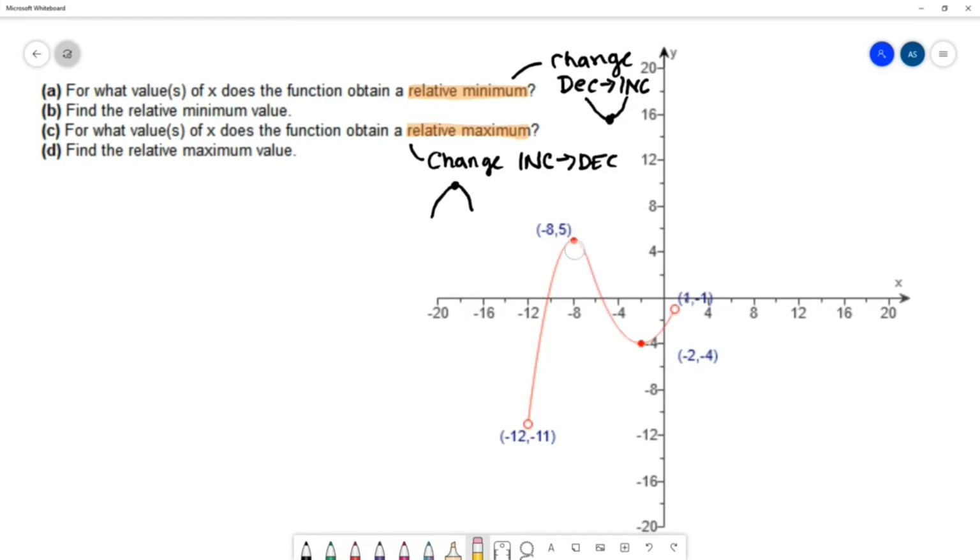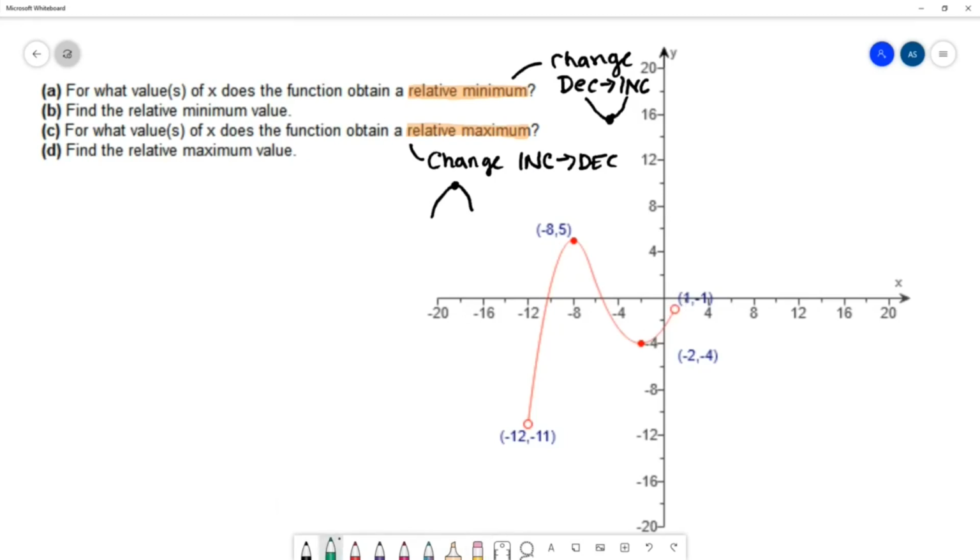And when we get to -8, 5, we can now see that the graph is decreasing. And then we get to this point here, -2, -4, and it's now increasing, and it stops at 1, -1.